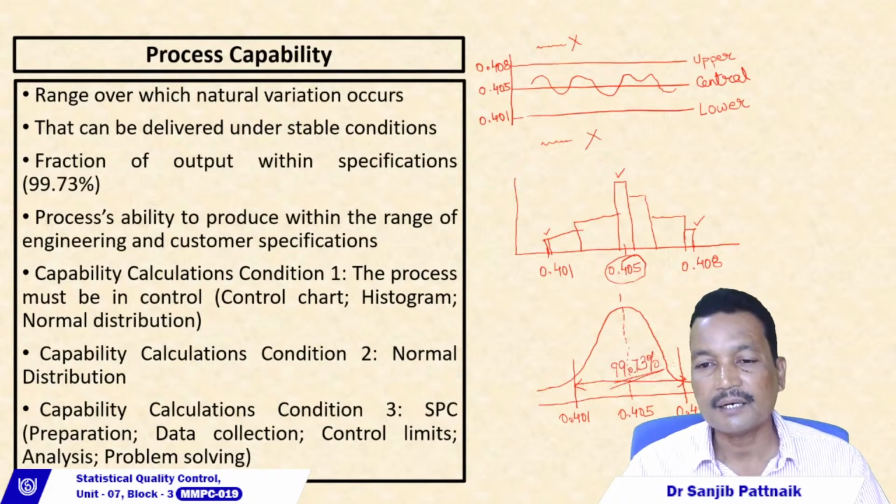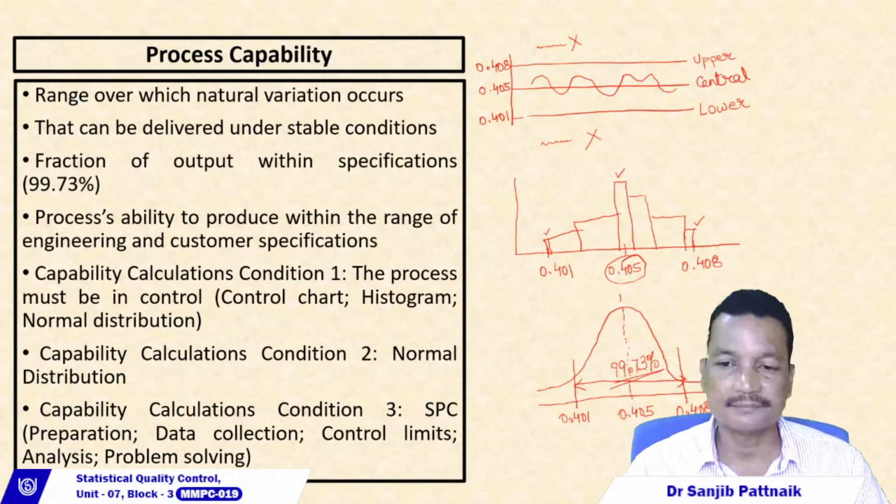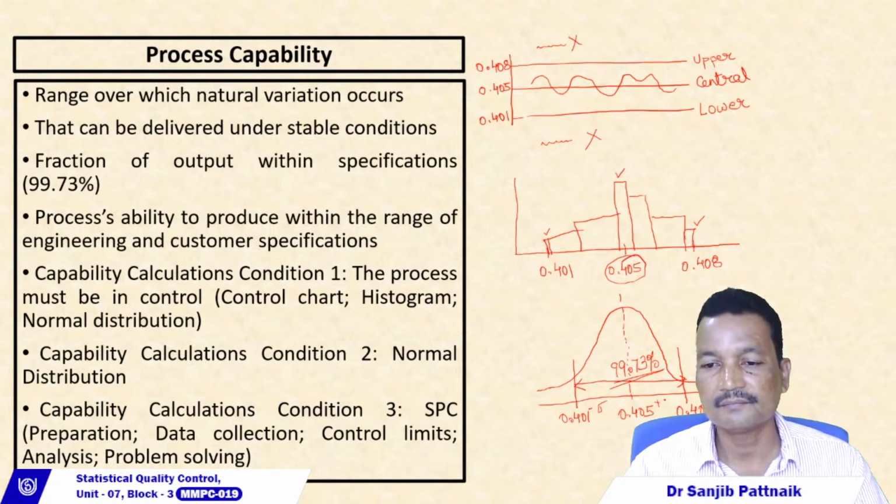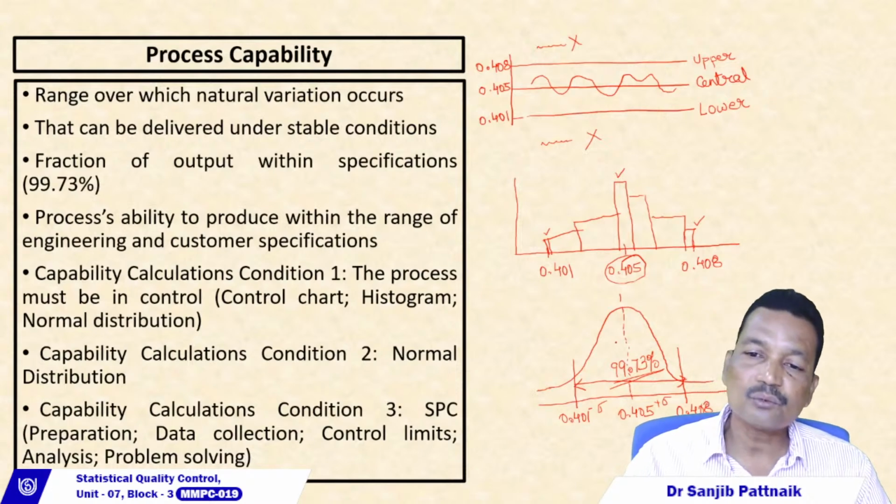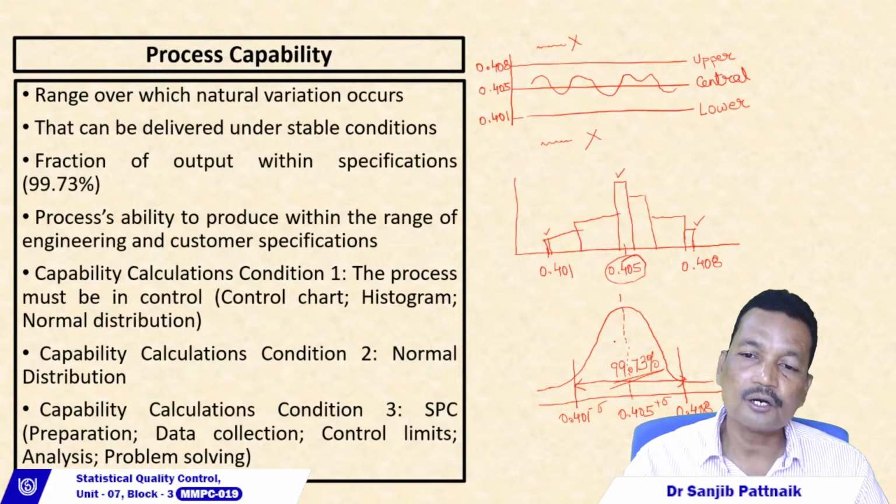That means out of every 100 items, 99.73 items will be falling within this. And these axes are measured through standard deviations. Our requirement is whatever we produce should come into this particular range.